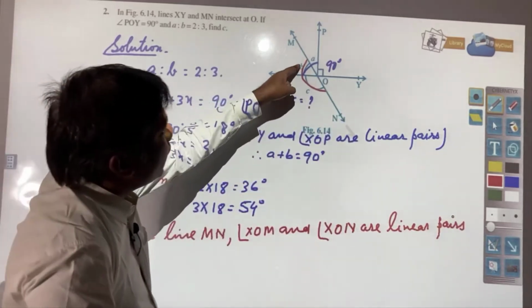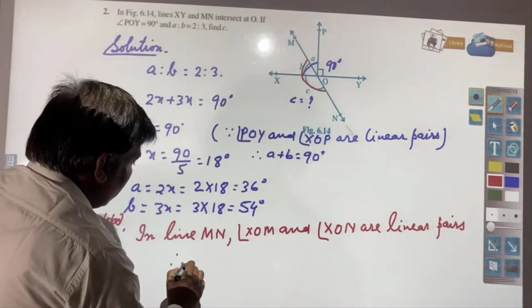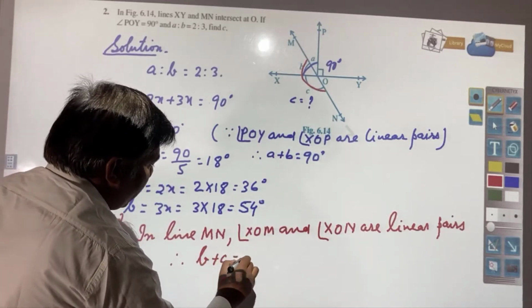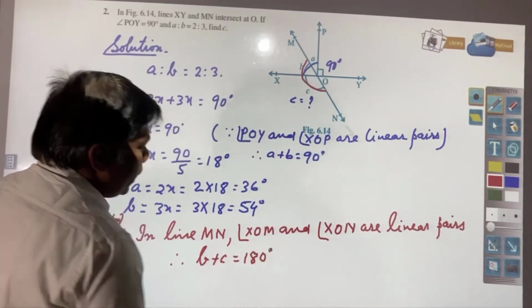These will be linear pairs. Therefore, B plus C will be 180 degrees.